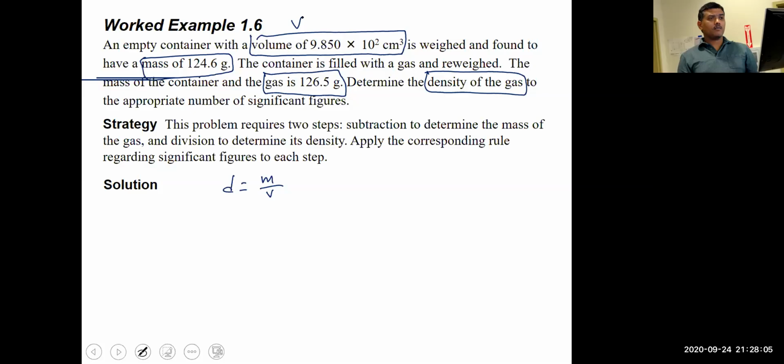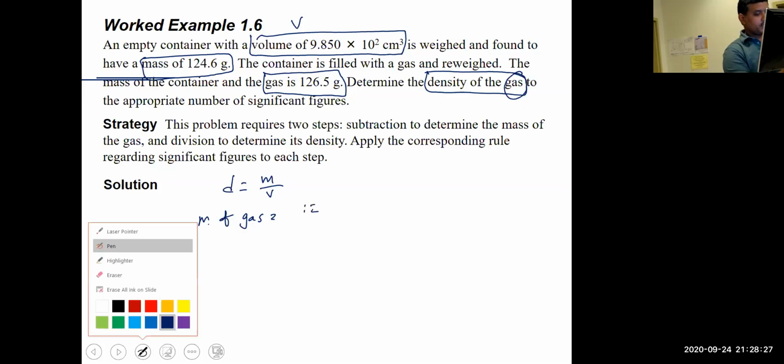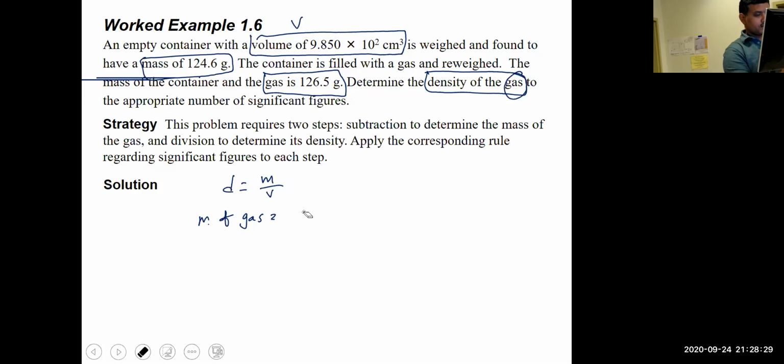So how do you get the correct mass? You're asked to identify the density of a gas, but not the container. So you're going to take the difference between masses and identify the mass of the actual gas. So mass of gas, you're going to identify by taking the difference between 126.5 grams minus 124.6 grams.